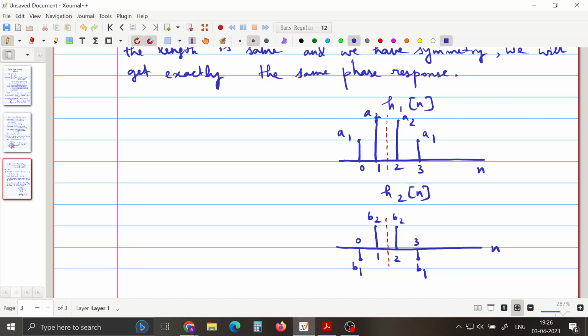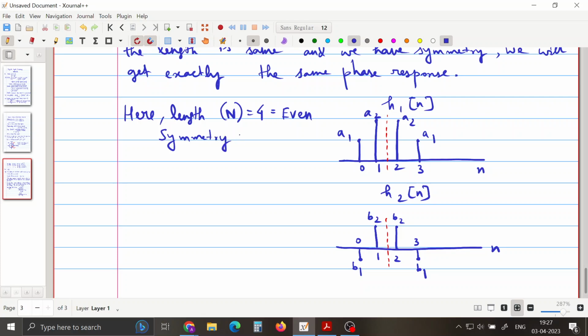To put it in words, the length, which is capital N, is 4. It's a 4 length sequence in both cases, which is of course an even number. And what kind of symmetry do they have?